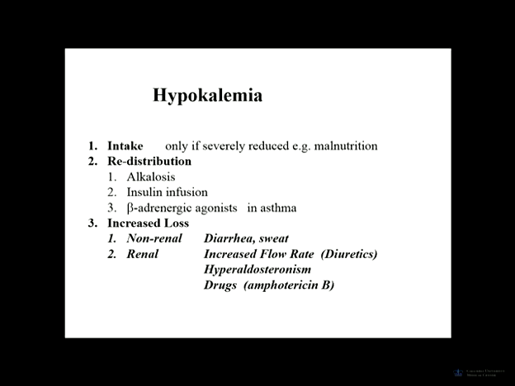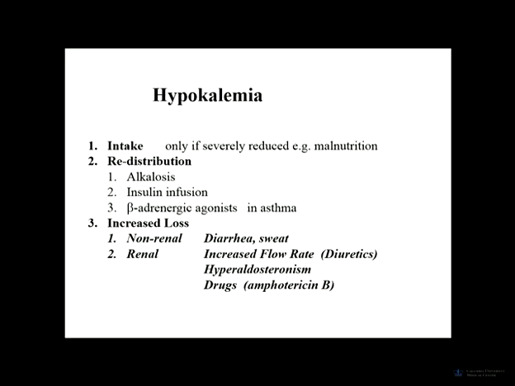But at the same time, the purpose of giving diuretics is to produce volume depletion, which can increase the aldosterone level. So not only do you have hyperaldosteronism, but you also have increased flow rate. So it's a double whammy. No wonder it is the major cause of hypokalemia in clinical medicine.